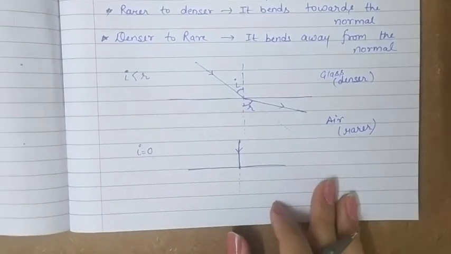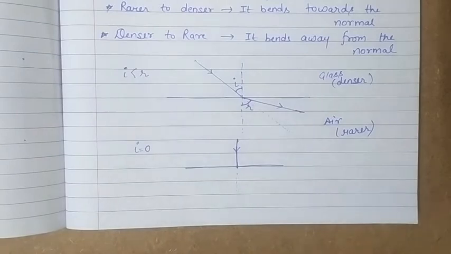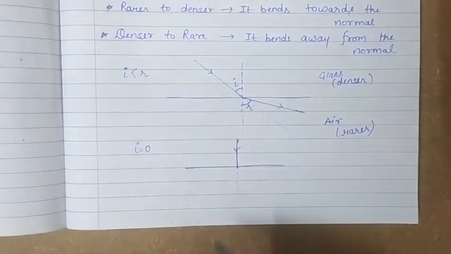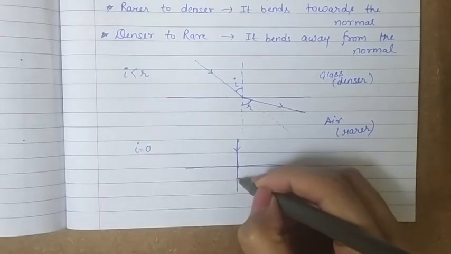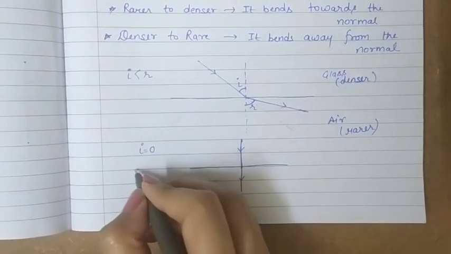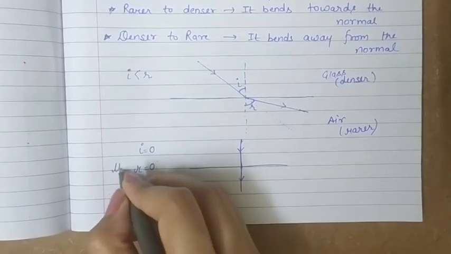irrespective of the media, whichever is rare or denser, the light will pass undeflected along the same line. Means if angle of incidence is equal to 0, in that case angle of refraction will also be 0, right?